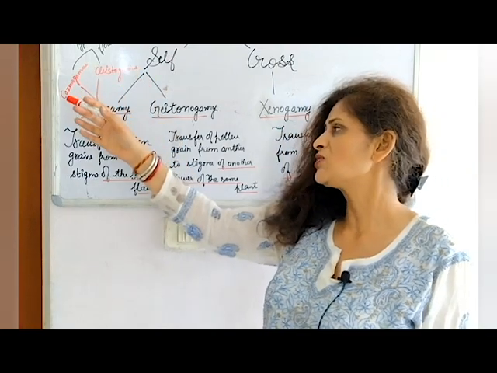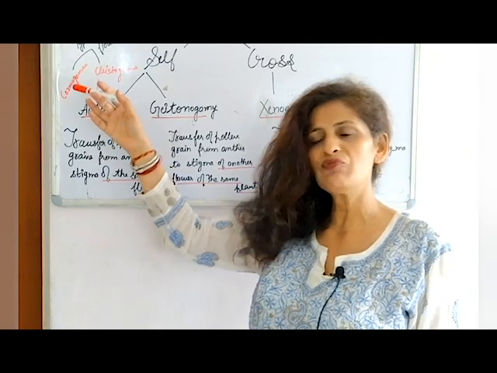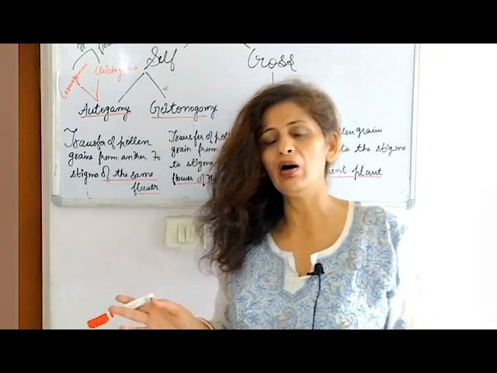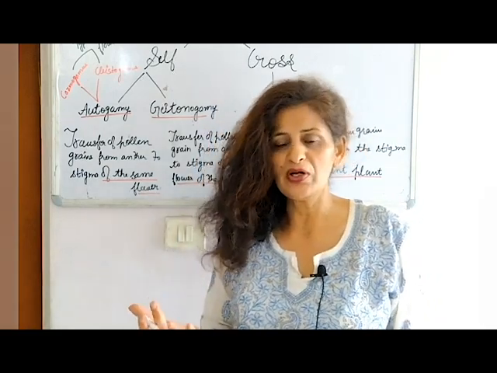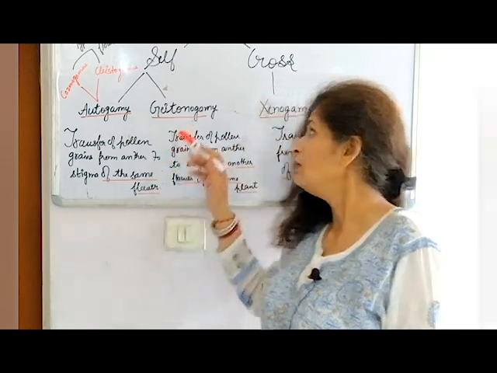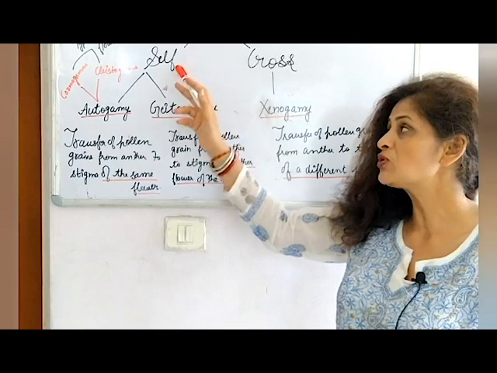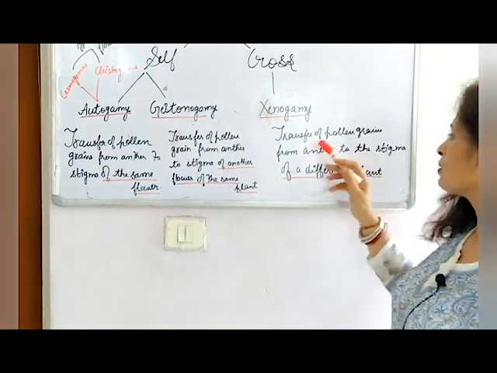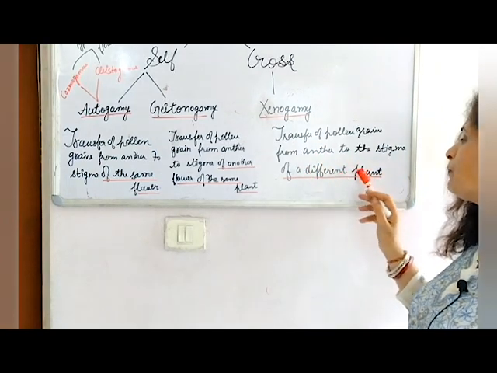One more type of flower is there, chasmogamous, or xenogamous flowers. These flowers are open. Most of the flowers you see in your surroundings are mostly open flowers. But they can go for self-pollination also or for cross-pollination because they are open. Next pollination is cross-pollination. It is opposite to it. Cross means in this, pollen grain is transferred from anther to the stigma of a different plant.